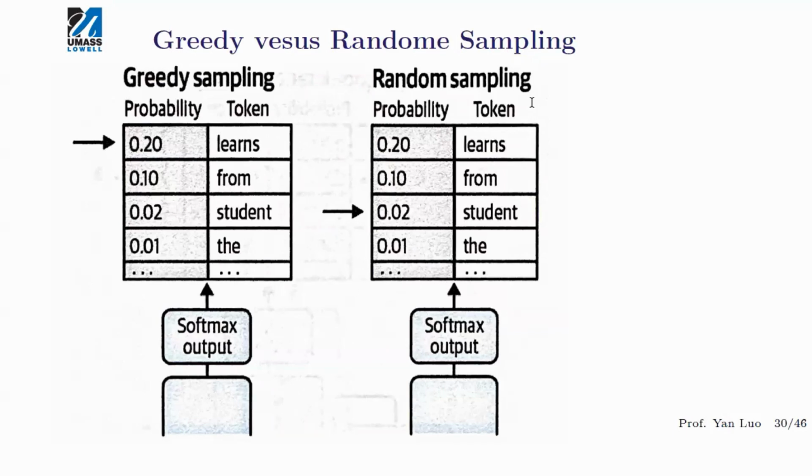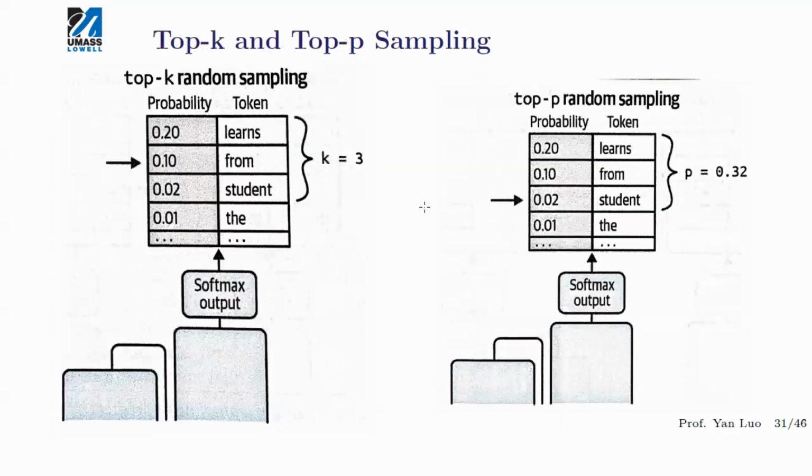But if we do random sampling, then we have a chance that we will be able to generate a different sample from this all vocabulary. So that's the greedy versus random sampling. For the random sampling, we have so-called top K and top P, which K and P are the parameters you can choose to set.